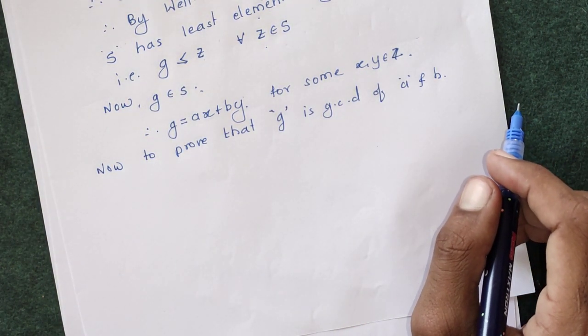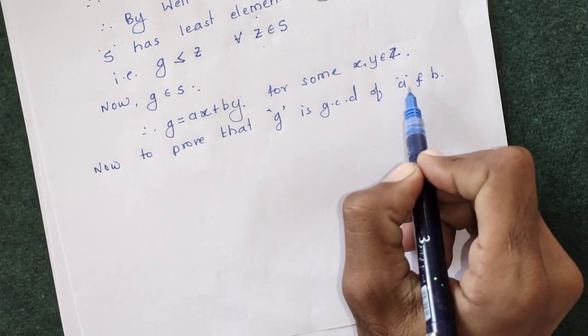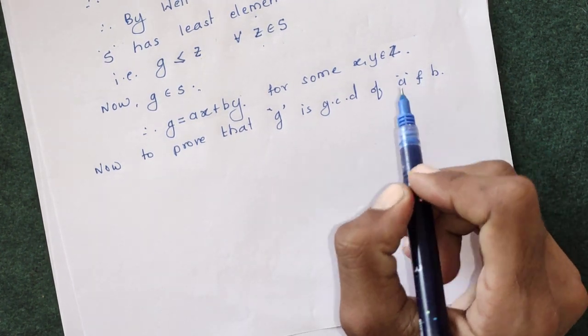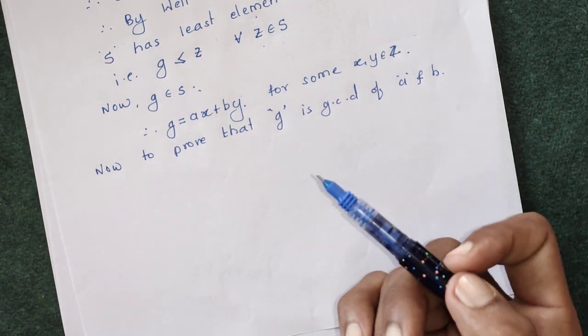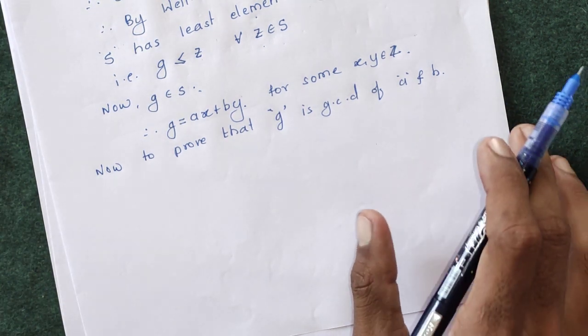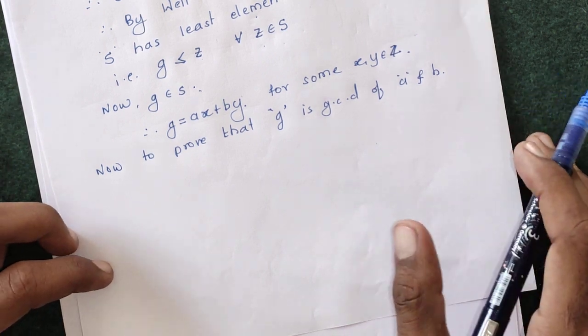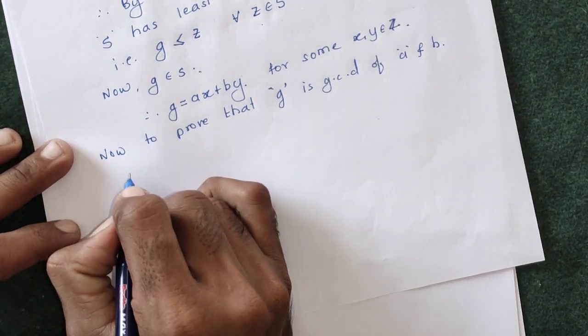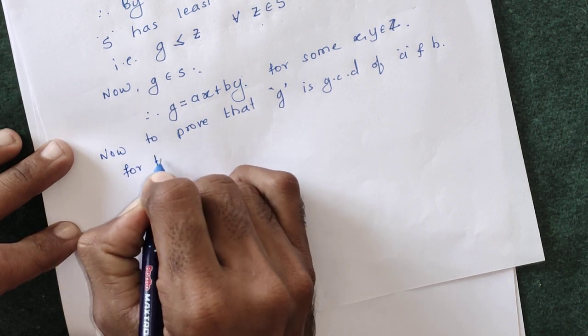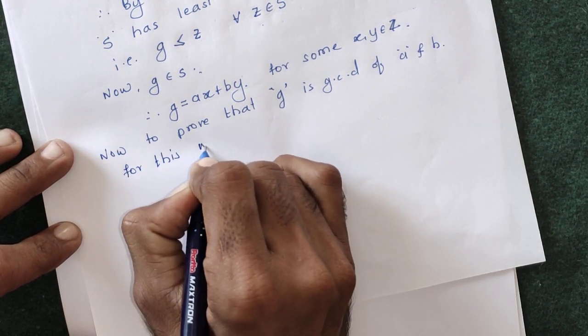The first condition is that G must be a common divisor of a and b, and the second condition is that G must be the greatest among all the common divisors of a and b. So for this we first prove that G is a common divisor of a and b.